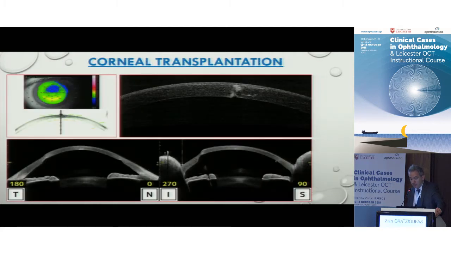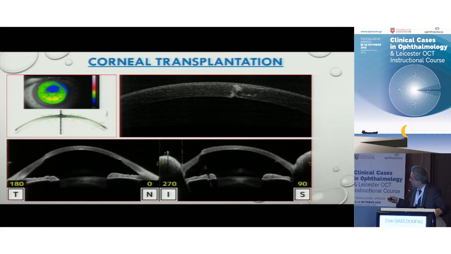And of course, for corneal transplantation, anterior segment OCT is very important, very relevant. This is a case, again, with a perforating injury. The question was whether to perform a DALK or whether it was spontaneously sealed, so there was no positive Seidel for this patient. So the question was whether to perform a deep anterior lamellar keratoplasty or a PK.